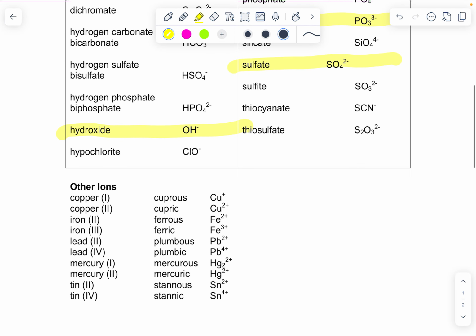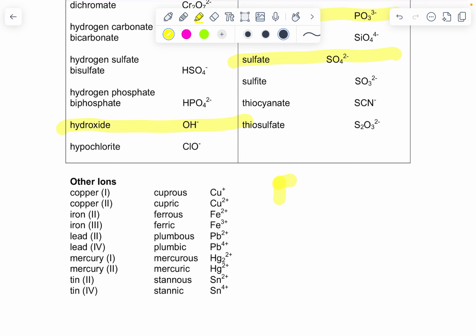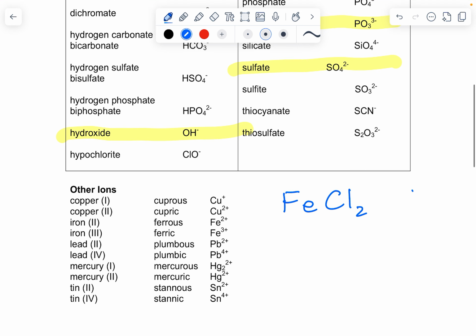For example, if you saw iron chloride, you know that chlorine becomes a -1 ion, and since there's 2 of them, this particular chemical is going to form, when you dissolve it in water, a +2. So you just get it from the context. Knowing what the non-metal part is tells you what the metal part is, because it all has to equal 0.